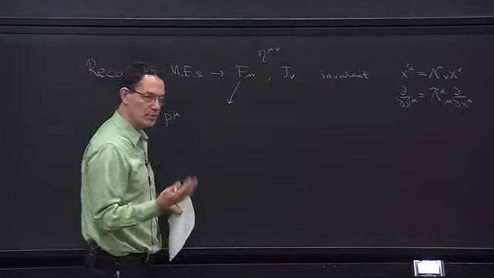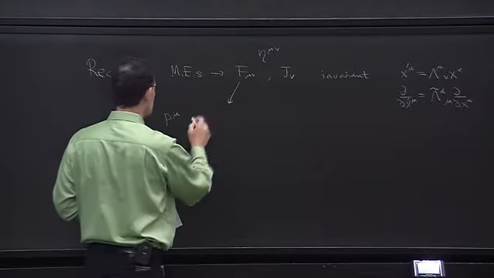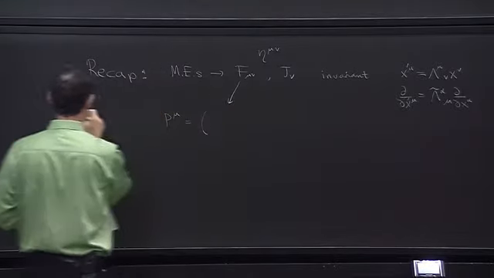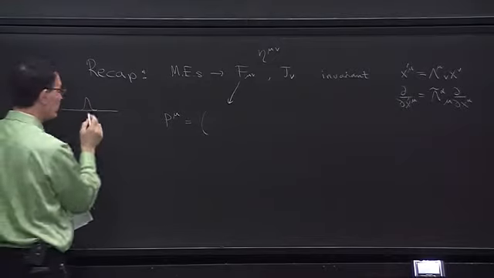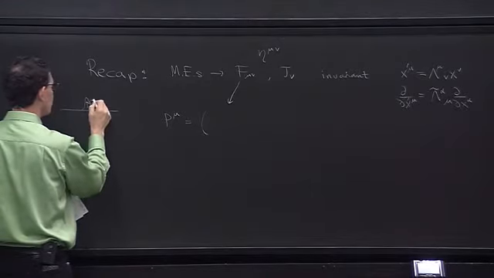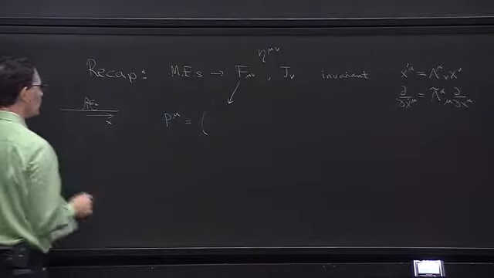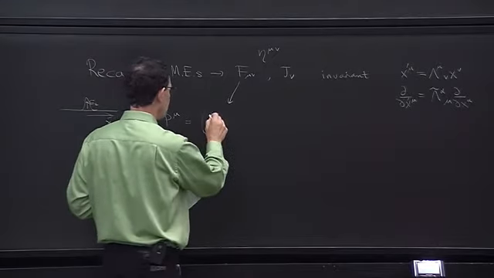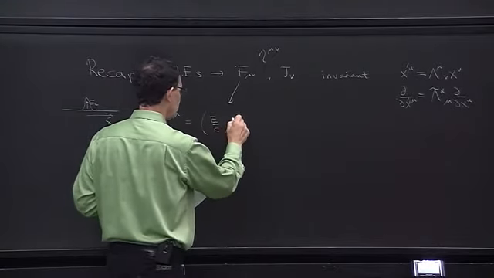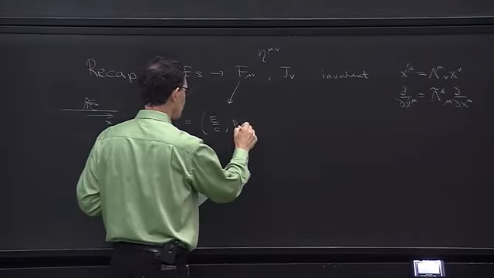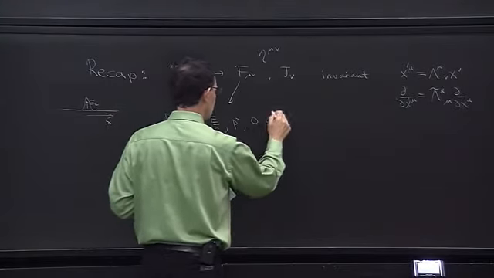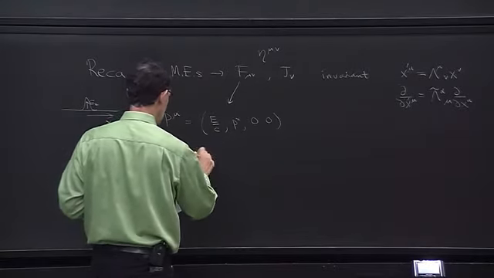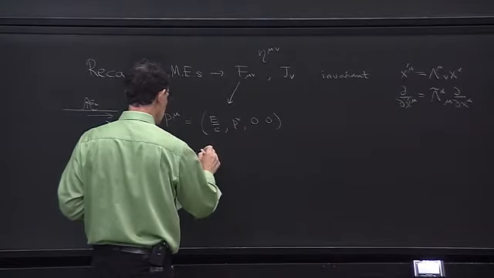I gave you an expression yesterday for P^μ in terms of F^μν. Essentially, P^μ turned out to, if we have an electromagnetic wave where, let's say, the electric field is propagating along at the speed of light, some pulse of electric field, then we can combine the energy and the momentum of the wave into a 4-vector, and I showed you that this p^x is equal to E over c.